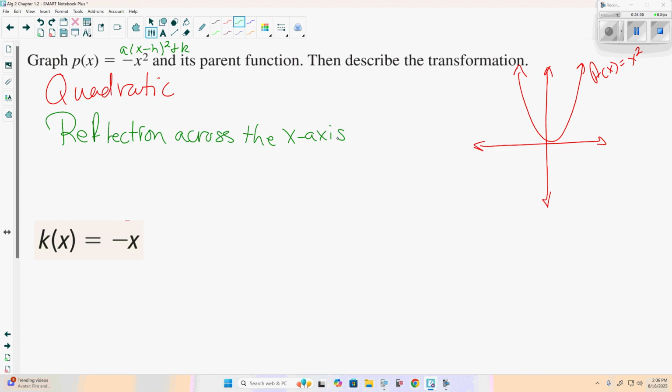So the new function will be this here. And really they should both be hitting that 0, 0, the origin, but missed it just by a little bit. Questions about these so far? We feel good with these so far.